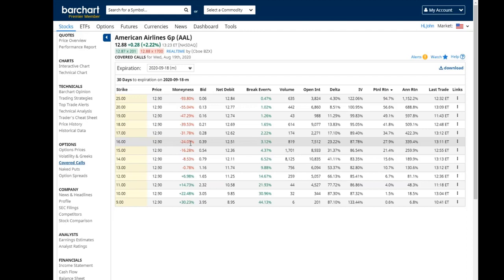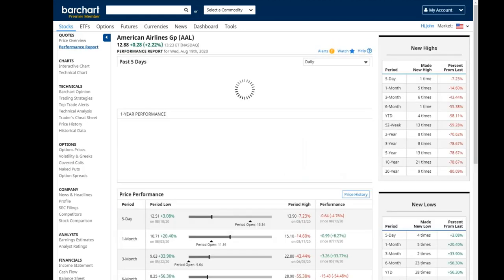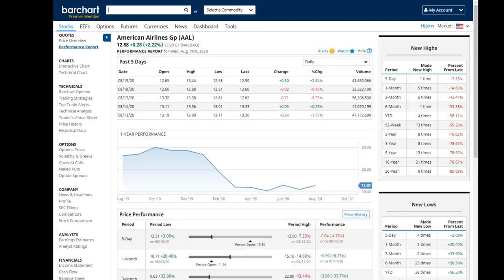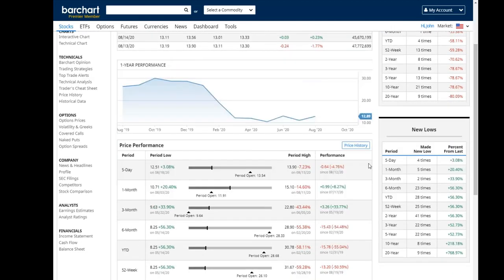This is where we're going to go into that performance, right? And how I'm going to pick my strike is going to be based on the performance of my stock. Now, because I'm 30 days out, I want to look at what this stock has done for the last month. Now, there's no guarantee that American Airlines is going to go up 8% again next month, but I'm kind of using this as a guide for me.